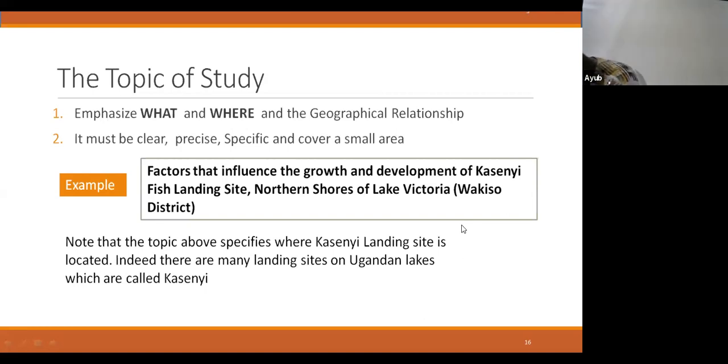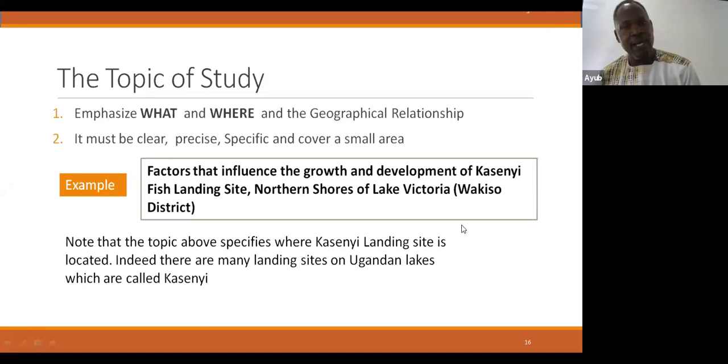So you say, for example, one person said, I studied Sezibwa Sugar Estate. Okay, you see the name is clear, Sezibwa Sugar Estate. But now we need to ask, where? You say, in Buyikwe district. And what did you want to study about it? So you could say, I wanted to study the factors for the growth and development of Sezibwa Sugar Estate in Buyikwe district.